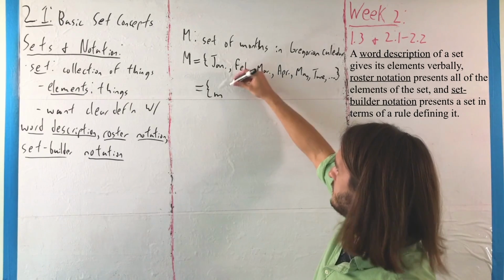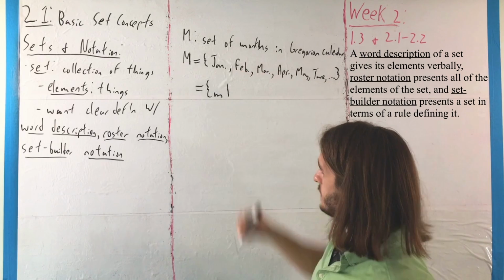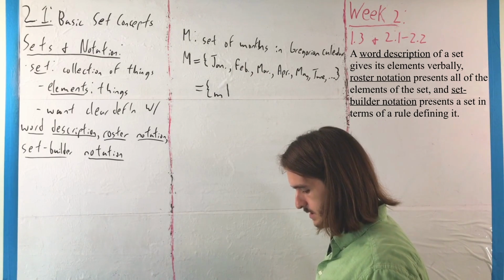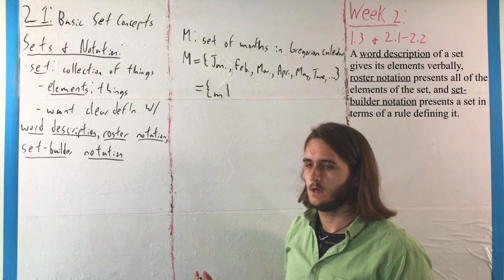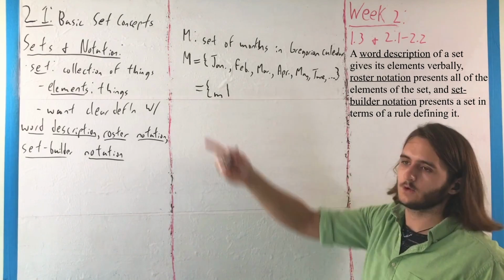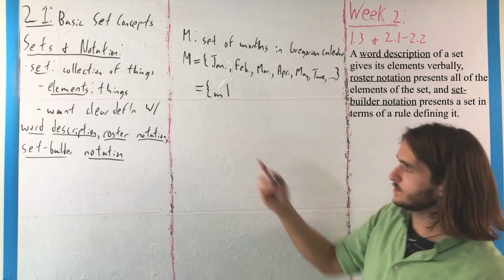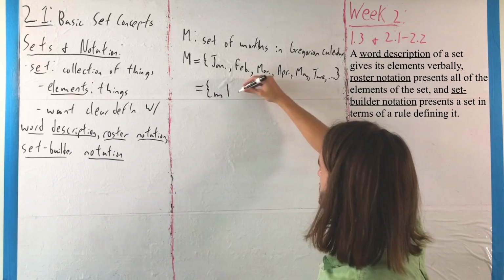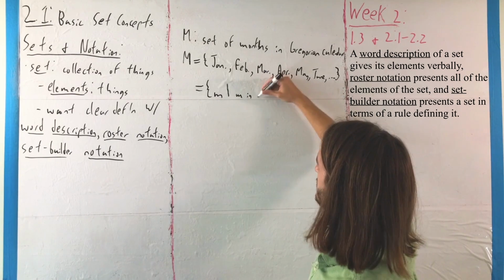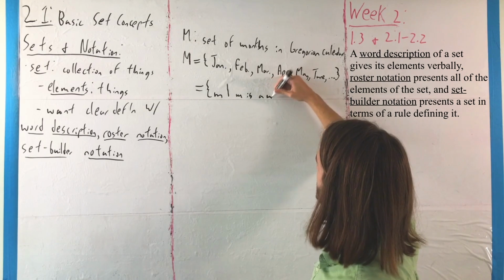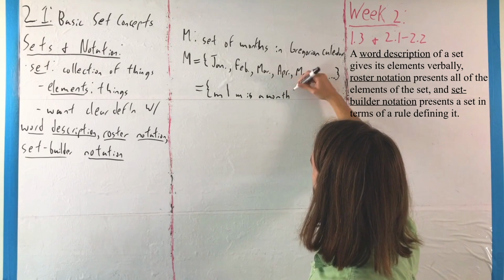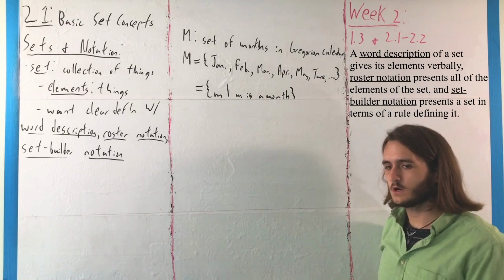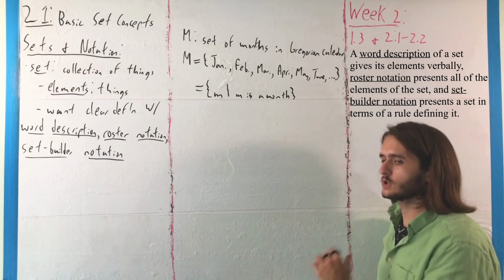I don't know for sure yet, but small m. Where then you draw a vertical bar. And what the vertical bar here says is something like "such that." It is the things following a given rule, where the rule is what we put after that. So the rule here would be something like m is a month. So set builder notation, that's what we're looking at here, is talking about building the set in terms of a rule.